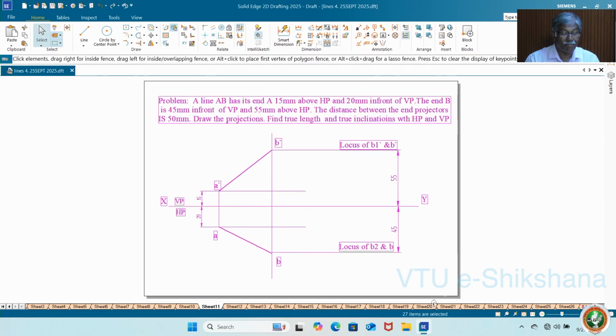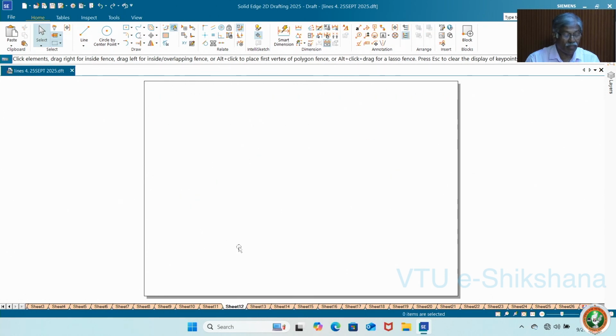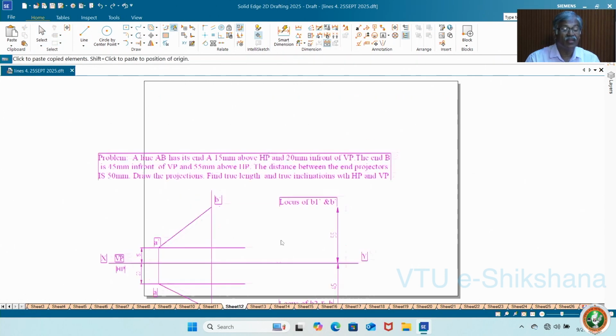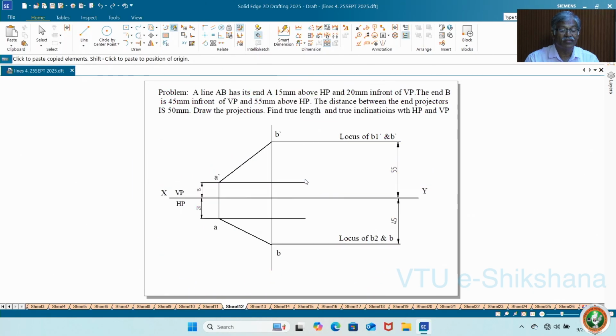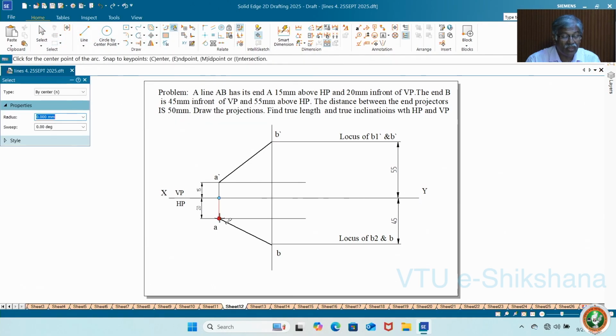Control C. Now what I do is I will rotate this and make it parallel, then project, so that you get the true inclination and true length. Similarly, you rotate this also.